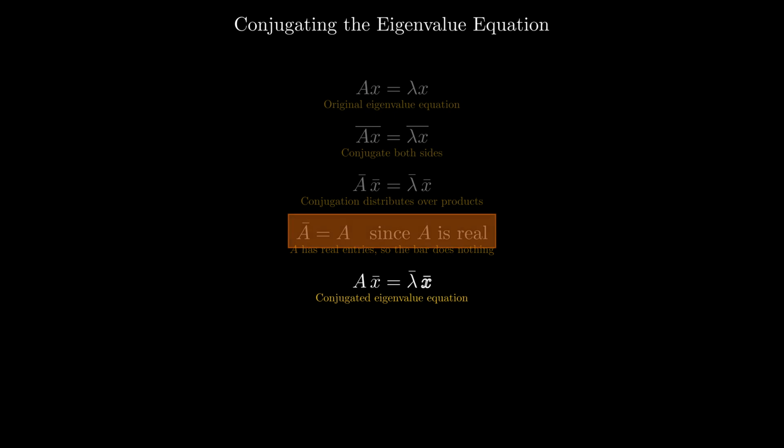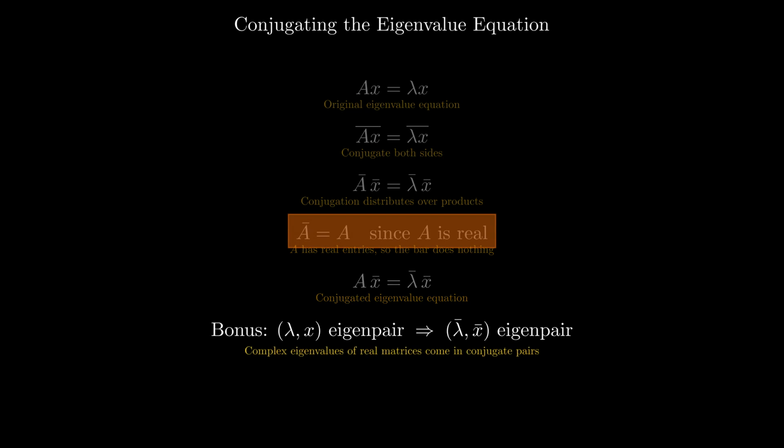We get, cleanly, A times x bar equals lambda bar times x bar. As a free bonus, this single line proves a famous fact. Complex eigenvalues of real matrices always come in conjugate pairs. If lambda is an eigenvalue with eigenvector x, then lambda bar is also an eigenvalue with eigenvector x bar.